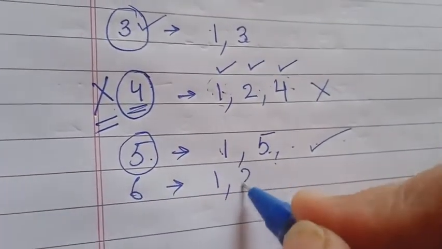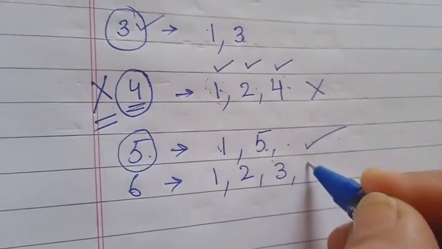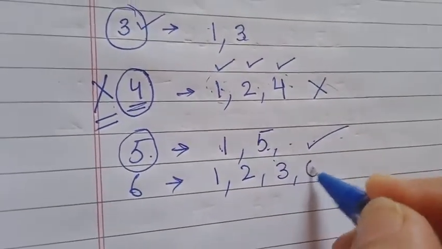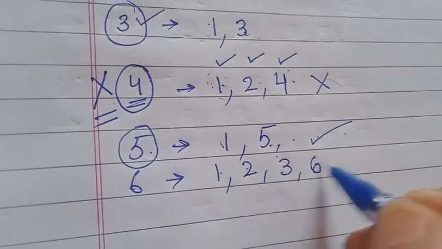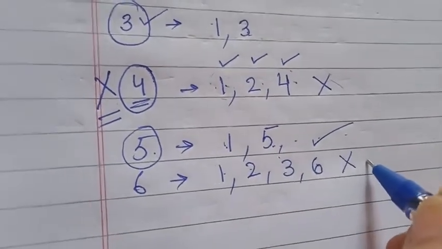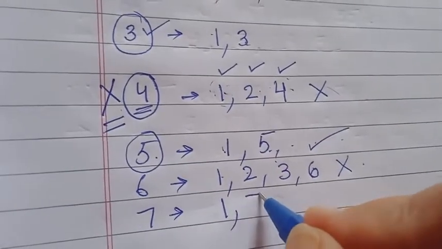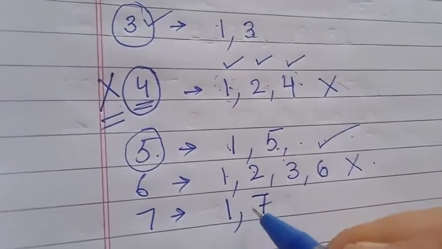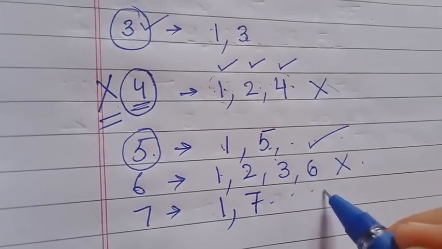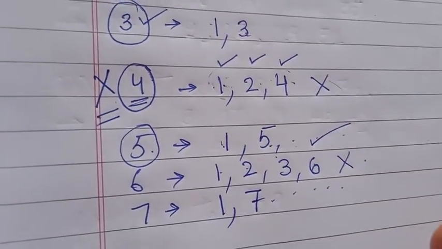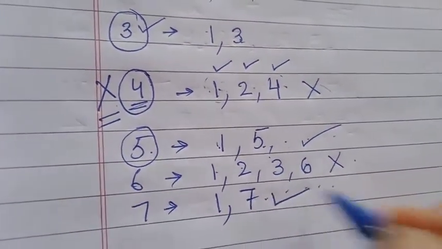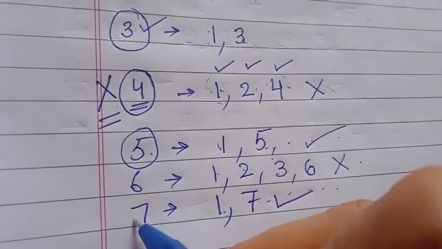It comes in 1's table, 2's table, 3's table and 6's table, so it is not a prime number. 7 comes in 1's table and 7's table. It doesn't come in 2, 3, 4, 5, 6 or any further table. So yes, 7 is a prime number.